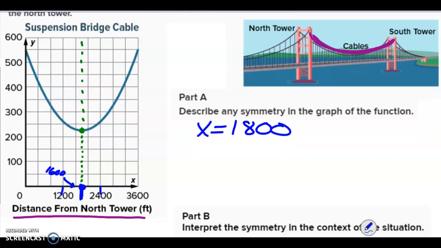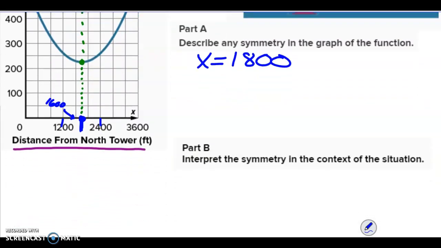Okay, so now the important part of what we're trying to do this year, you're going to see a lot of this explain or interpret, or what does that mean? We can tell these things on a graph, but what does that mean? Let's look at the actual situation.